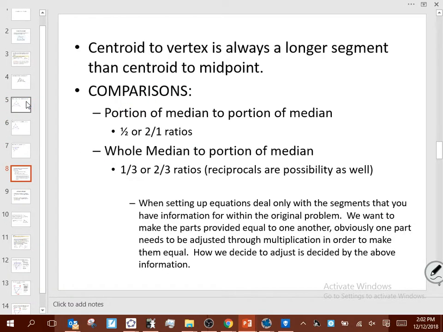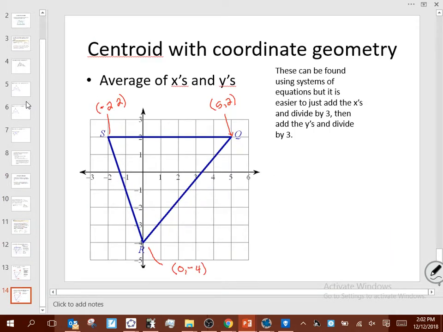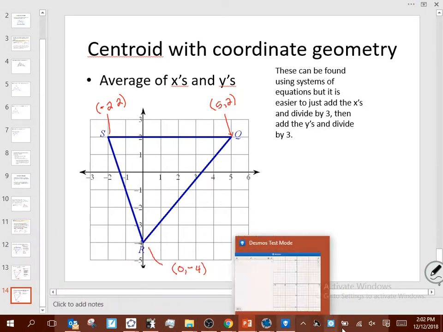We're going to do something a little bit different. We're going to look at it, and actually I want to start with just looking at GeoGebra real quick.